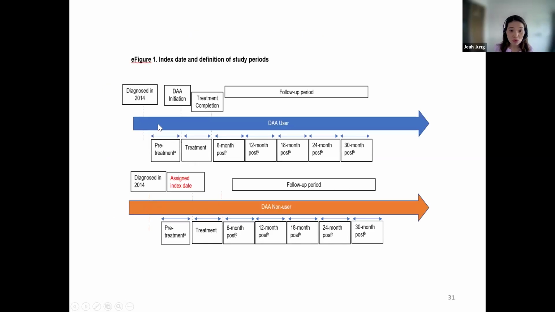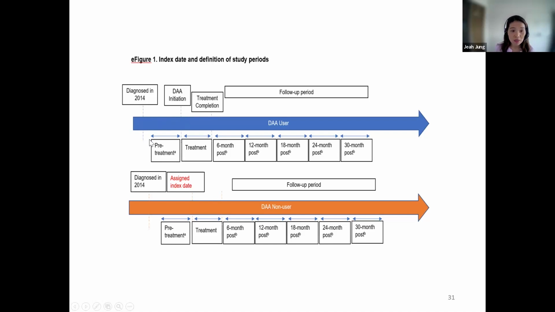Everyone, whether you are in the treatment group, DAA use or non-use, is diagnosed in 2014. When I looked at one DAA user, they initiated DAA here. It could be 2015 or 2016 or the end of 2014. So there's some pre-treatment period. This is the time to treatment from the diagnosis.